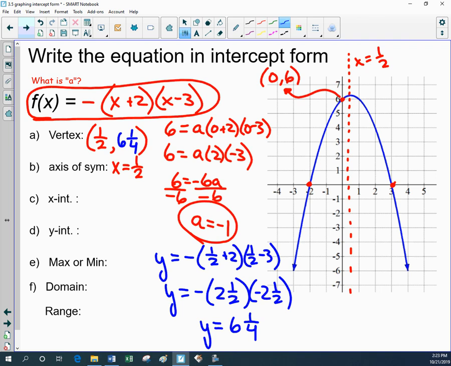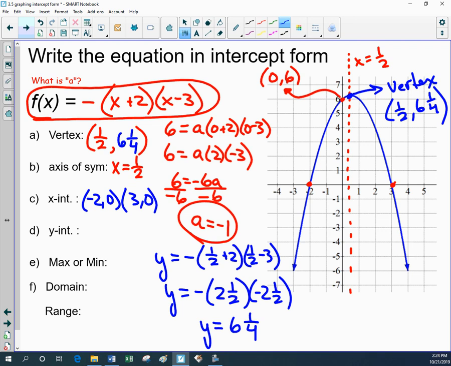Okay, so the vertex, this point right here, is 1/2, 6 and 1/4. We know the axis of symmetry. The x-intercepts we know, so the x-intercepts are negative 2, 0 and 3, 0.